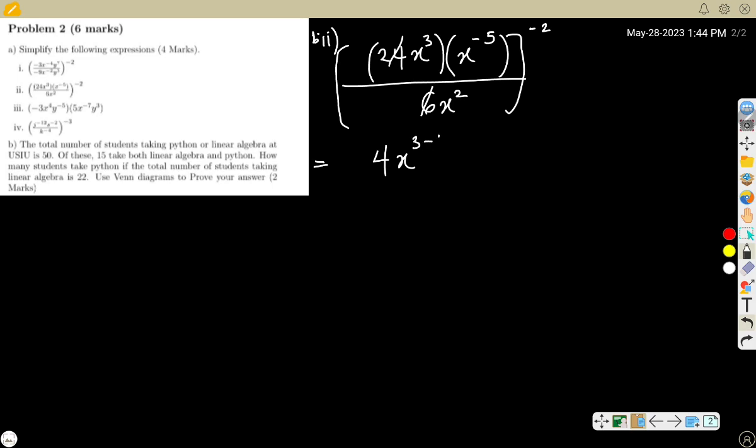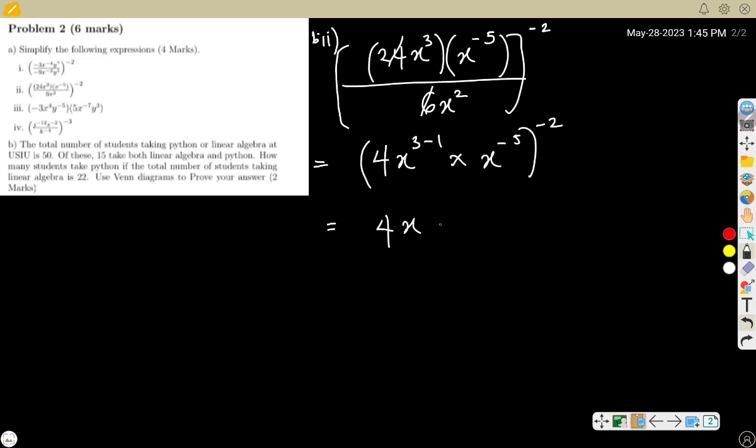Then s raised to power 3 minus 1, because this is divide, so it will turn to minus to subtract that power. Because if you have s raised to power 3 divided by s raised to power 2, that will be s raised to power 3 minus 2. So using law of indices, times s raised to power minus 5, everything raised to power minus 2.